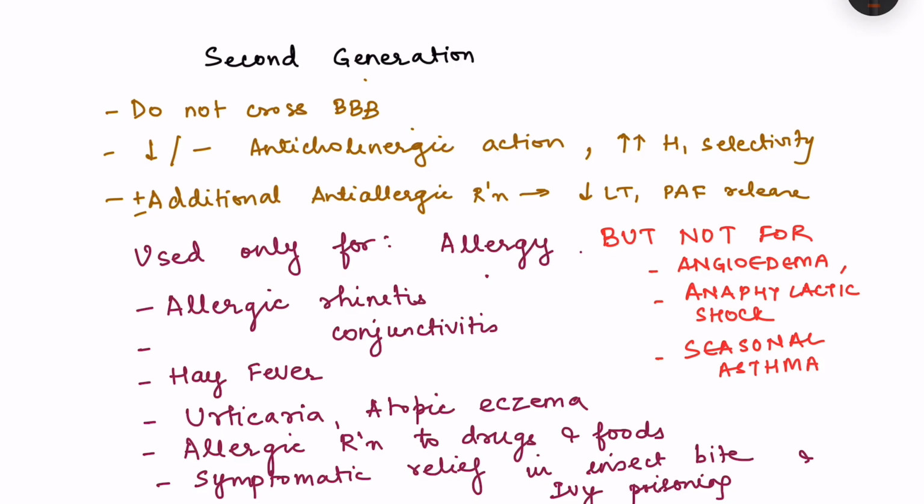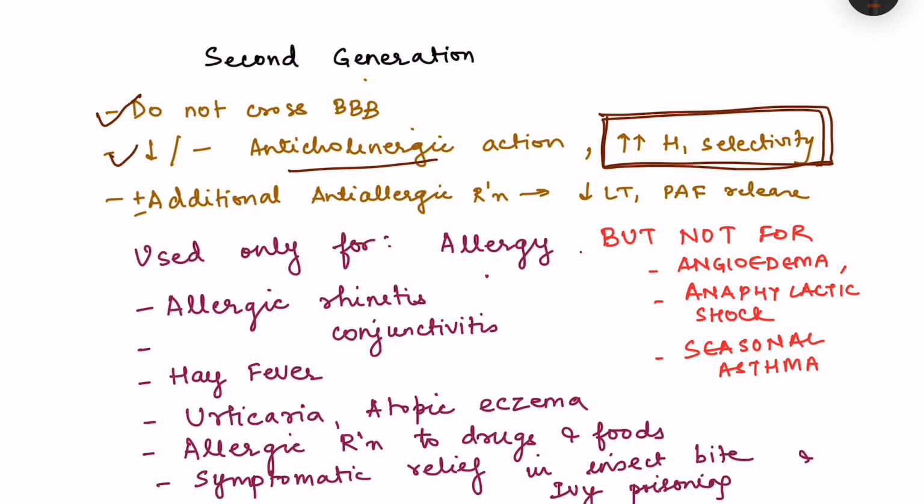So, if you understand first generation antihistaminics, I told you they have antihistaminic action, anticholinergic action, and they cross blood-brain barrier. Second generation antihistaminics do not cross blood-brain barrier. They do not have anticholinergic action, and mainly it is H1 selective action is there. Okay. Plus, some of them may have additional anti-allergic action as well.